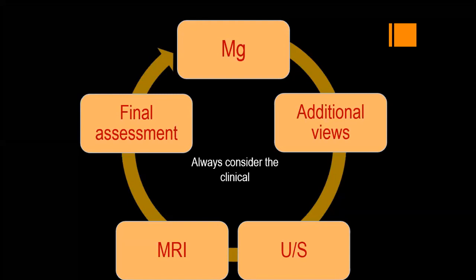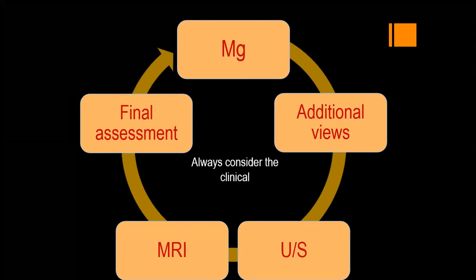Okay, then if you have any abnormality, you might need additional views. If this is BI-RADS 0, you need additional views or ultrasound, and some of the lesions, for problem solving, might need to go further for MRI.